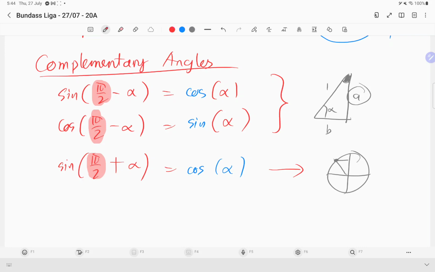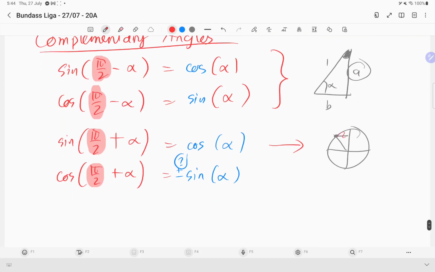Okay, but then if you have cos of pi over 2 plus alpha, now again, the angle that they're related to is pi over 2, which is 90 degrees. So think complementary angles. Cos will be equal to sine of the base angle. But would it be positive or negative? Now let's see.